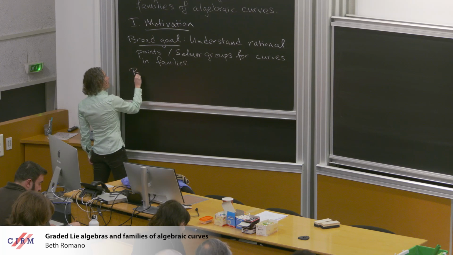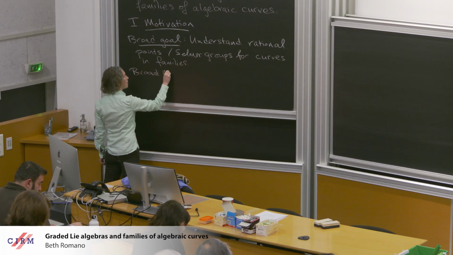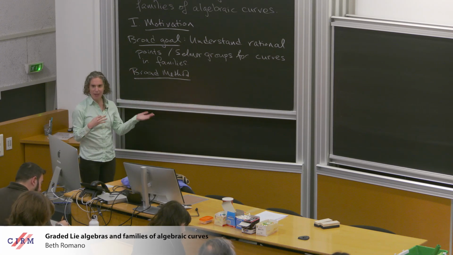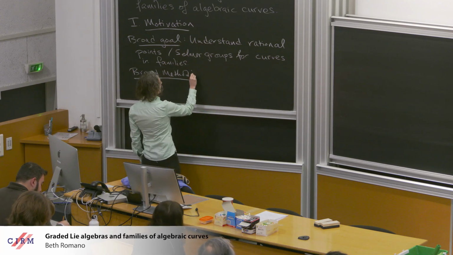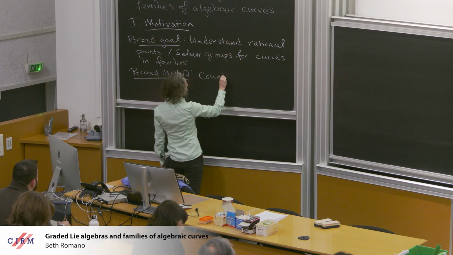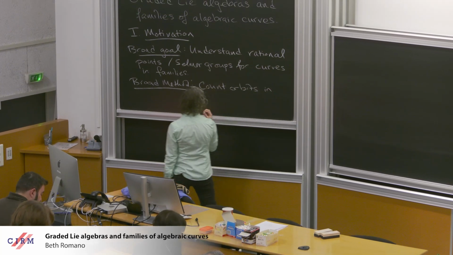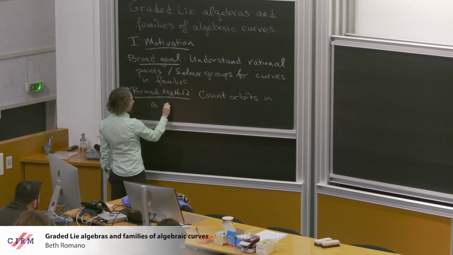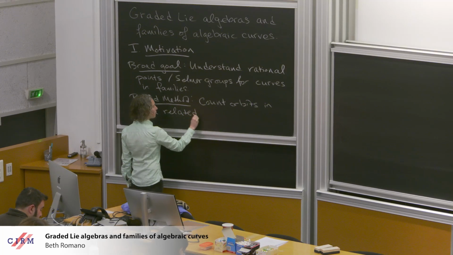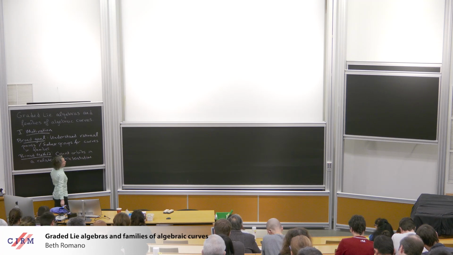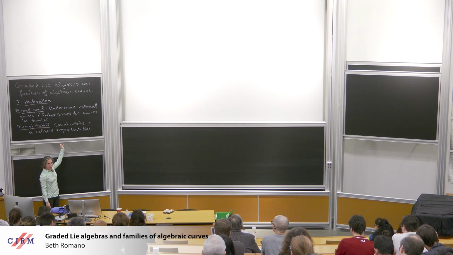And the broad method, sort of pioneered by Bhargava and his collaborators, is to count orbits in some related representation. Okay, let's talk about some examples to make this a bit more clear.